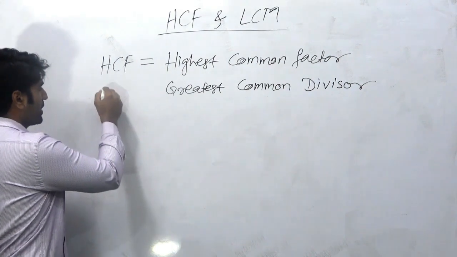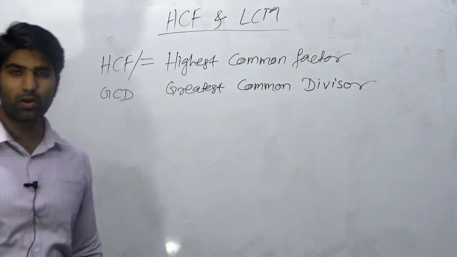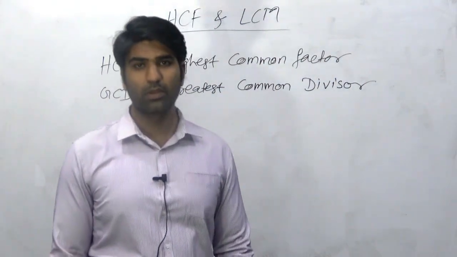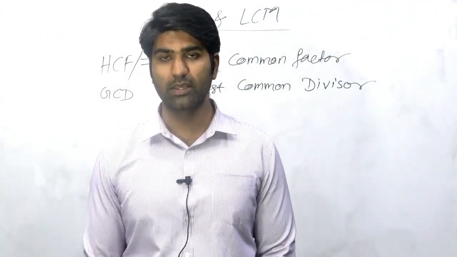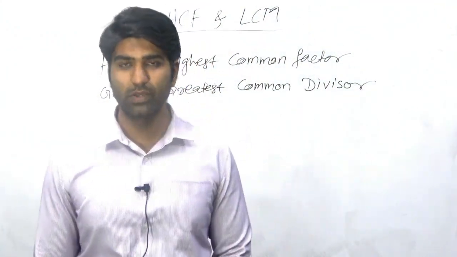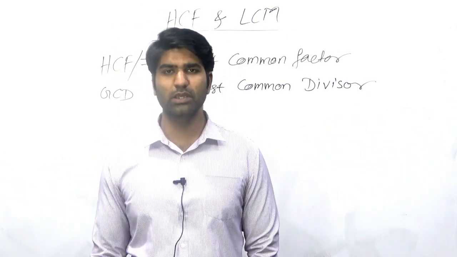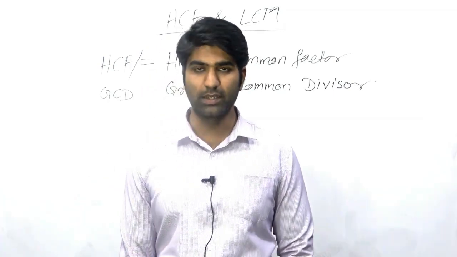Shortly we can call it GCD. So HCF or GCD is the number which divides all the given numbers exactly. The definition of HCF: HCF of two or more numbers is the number which divides all the given numbers exactly.